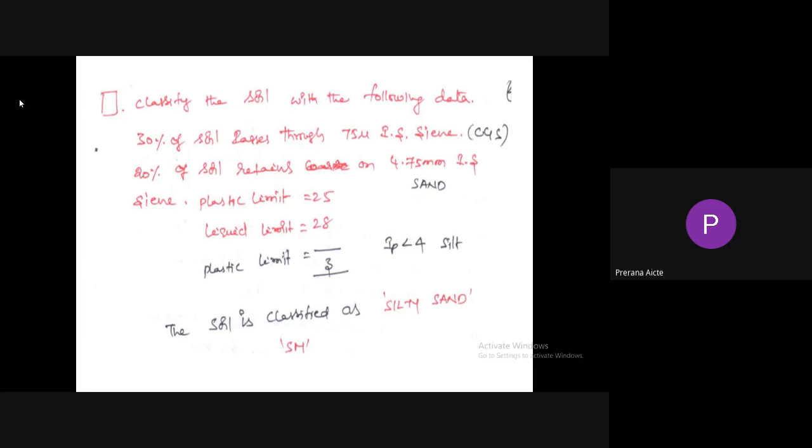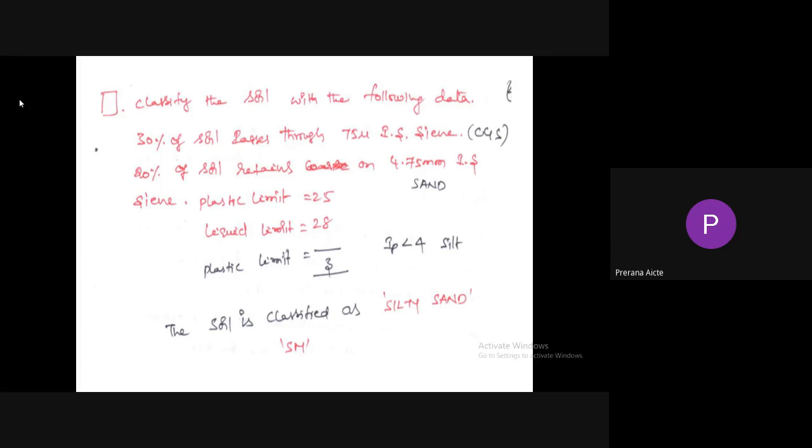So 20% of soil is retained on 4.75 IS sieve. So 20% retained means 80% passes. More than 50% of soil passes through the 4.75 IS sieve, so it is called as sand.